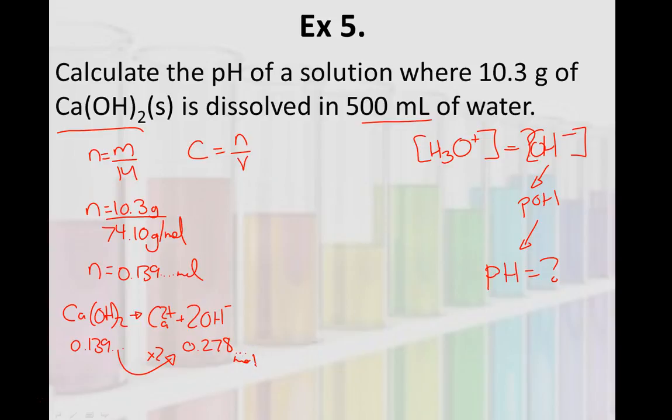Then I take that and put it into c equals n over V. So I'm looking for the concentration of the 0.278 moles over the volume of 0.5. Always change that from milliliters to liters. And so the concentration is 0.556 moles per liter.